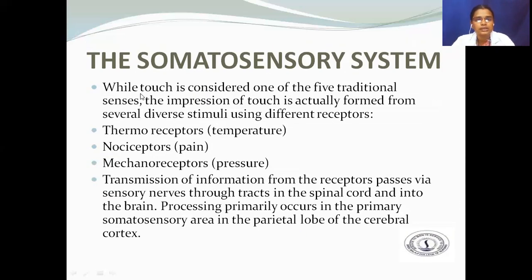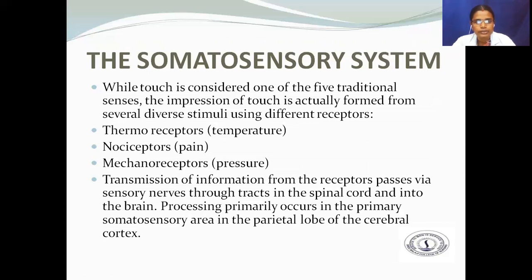While touch is considered one of the 5 traditional senses, the impression of touch is actually formed from several diverse stimuli using different receptors. First one is thermoreceptors, for example, temperature, then nociceptors, for example, pain, mechanoreceptors, for example, pressure.